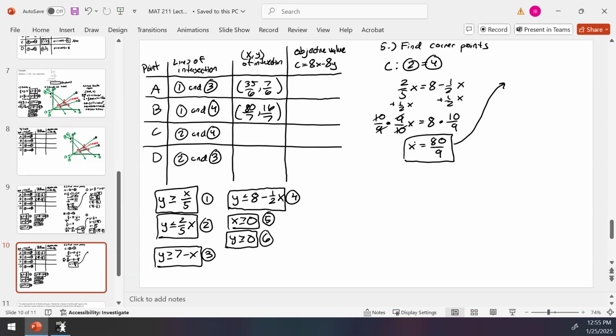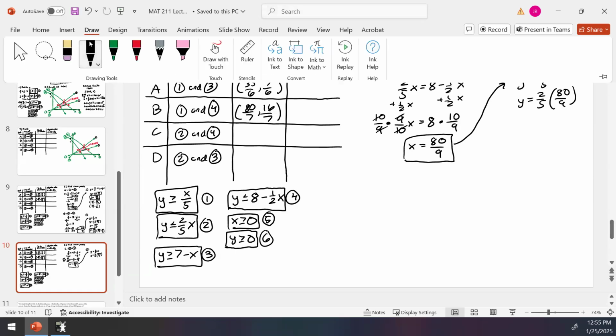And then I'm going to do equation number 2, again, just because it's the nicest looking one, like that. And so from that, we get y equals 2/5 times 80 over 9, right? If you don't want to plug this into your calculator, you could use something like cross cancellation.